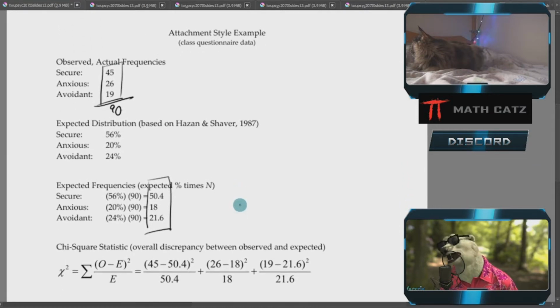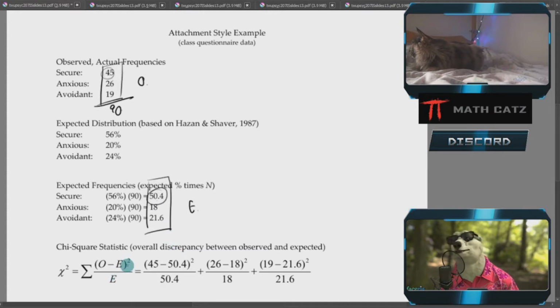The statistic that we're going to calculate is this chi-squared statistic. These are my observed numbers, and I'm going to compare that to the expected numbers by taking the difference of each, so the 45 versus the expected 50.4.